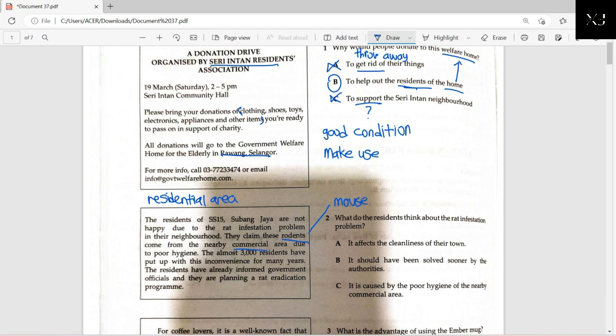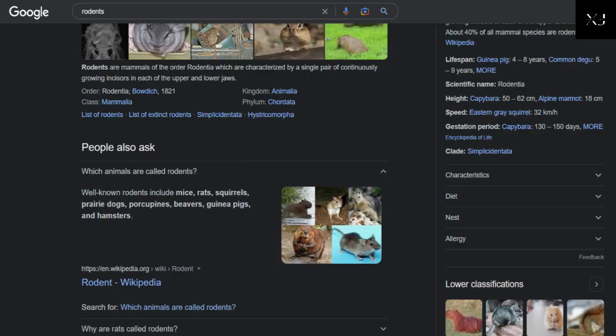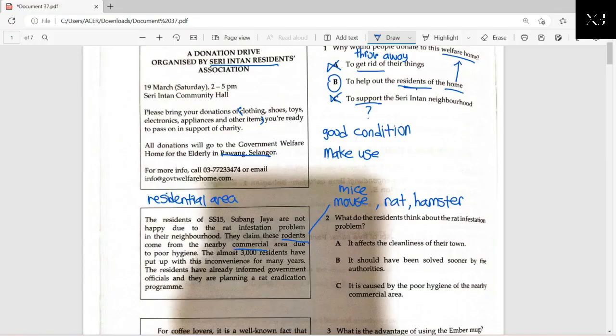The singular is mouse, plural will be mice, or rats, hamsters, guinea pigs, all those things, sugar gliders if I'm not mistaken. All these things that kind of look like mice or rats are considered rodents. They are like a family tree. It's like how you consider a tiger and a lion as big cats. A tiger and a lion technically is not a cat, but we call them big cats, so it's like a category. Okay, alright.